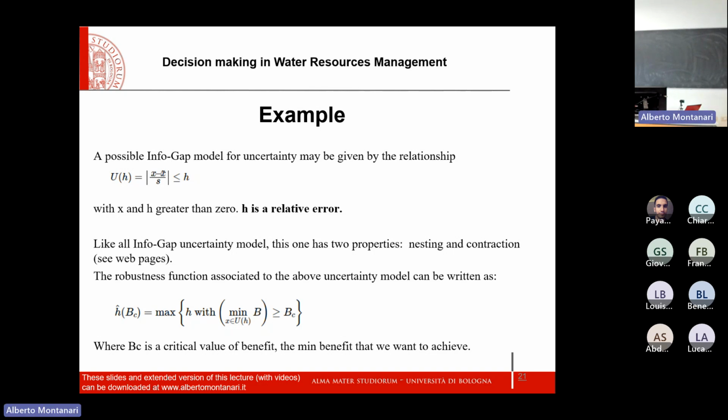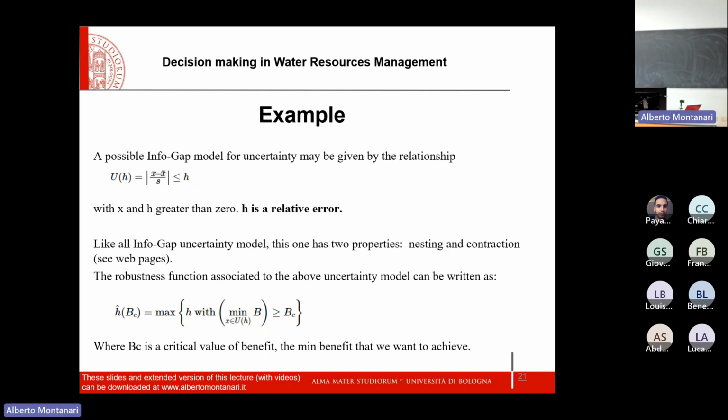If the best estimate x tilde becomes the truth, then the numerator, the difference x minus x tilde, is 0.